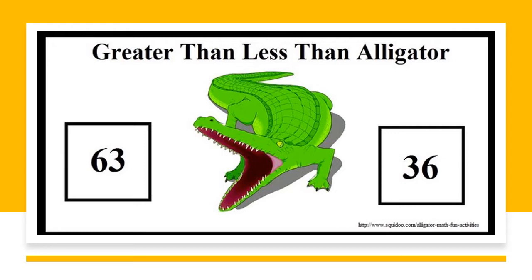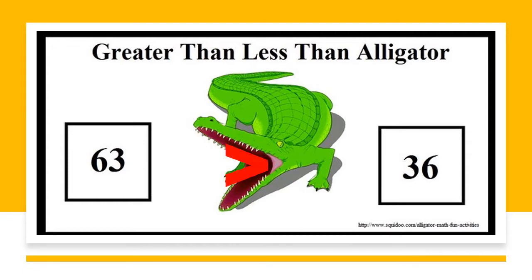Sometimes we'll need to put a greater than, less than, or equal to sign in between two numbers that we compare. So this little guy, the greater than, less than alligator, can help us remember which way the symbol goes. So if you take a look at the numbers 63 and 36, we know that 63 is greater than 36. So do you see how it looks like the alligator is eating that bigger number?